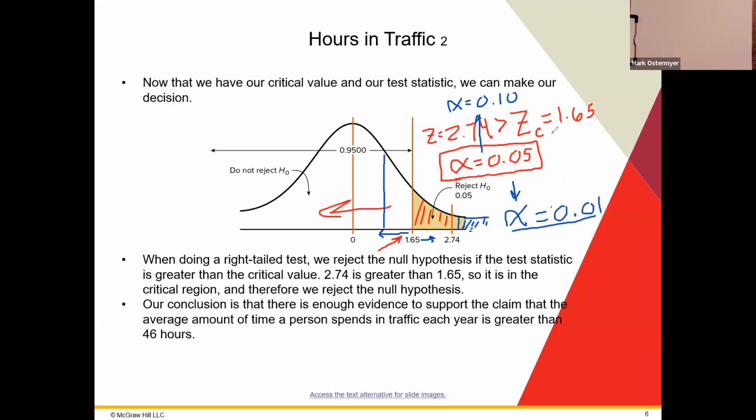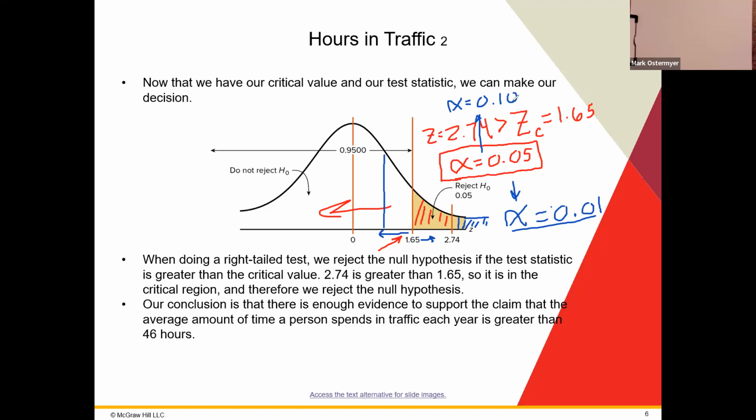So you see the little problem we got going on here. You lower your level of risk, but your rejection region decreases in size, forcing your test statistic to, in most cases, fall outside of the rejection region, in which case you can't even reject the null hypothesis at that level of significance.